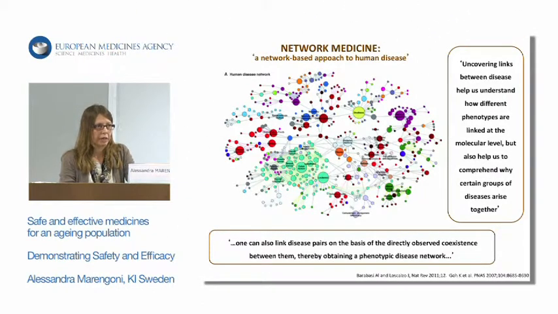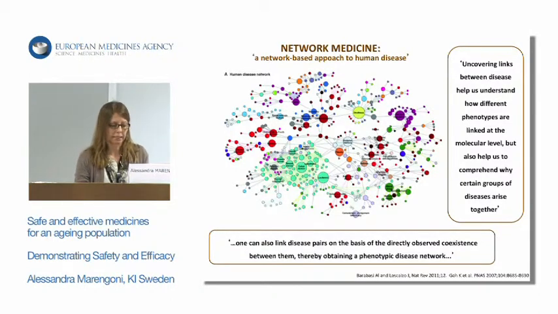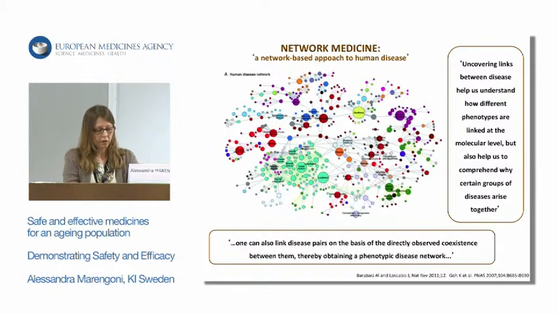This approach, the cluster medicine approach, is quite similar to the one that's called network medicine. This is not a planetarium. This is a human disease network, a phenotype disease network. This is from Barabasi and colleagues. And every circle is a disease, and they are linked together.